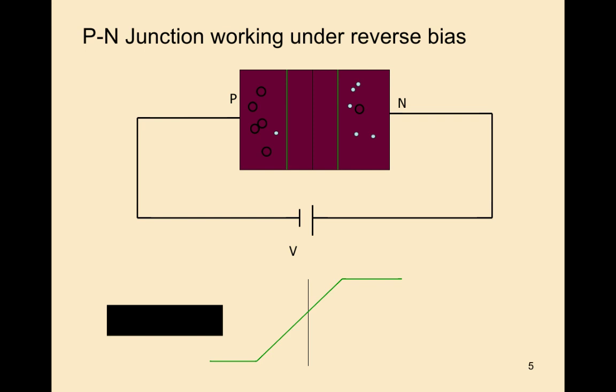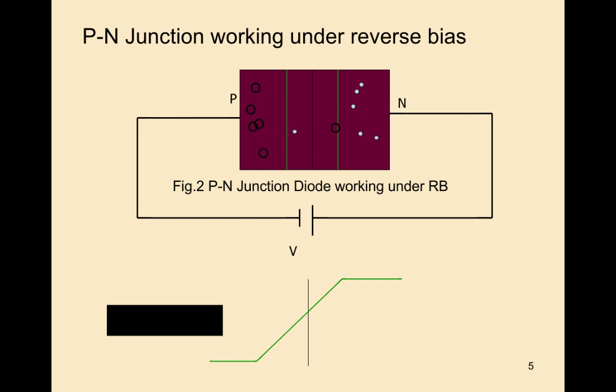At the same time, the electrons on the n side and battery holes are attracted towards each other. In this way, the depletion region width will increase. So there is no movement from the p side to the n side.